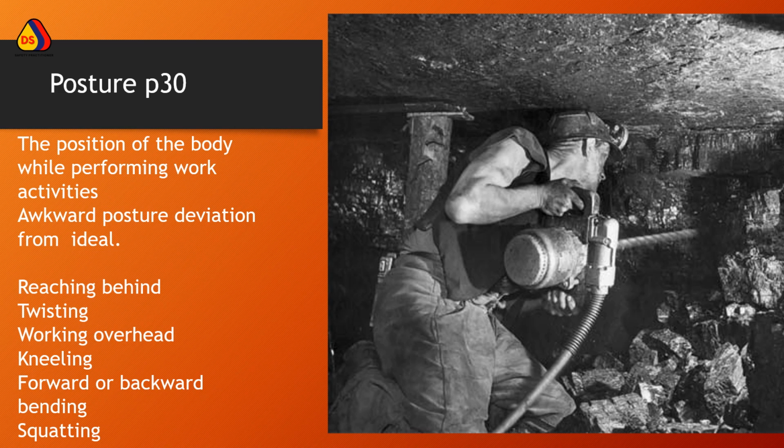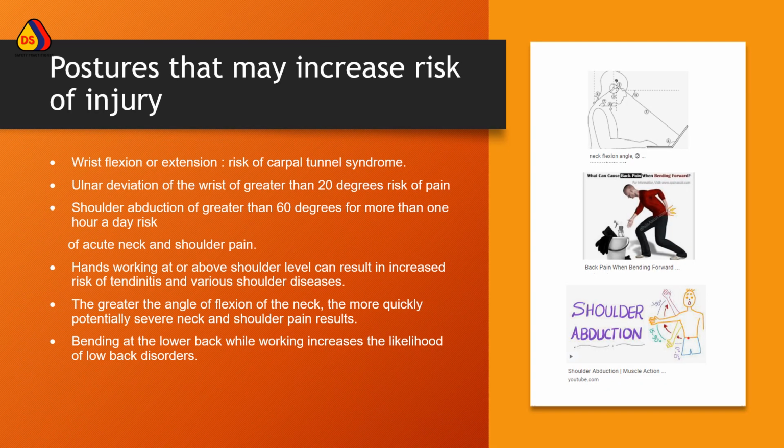overall productivity and well-being. Postures that increase the risk of injury can have significant implications for an individual's musculoskeletal health and overall well-being. Wrist flexion or extension, especially during repetitive tasks, can increase the risk of developing conditions like carpal tunnel syndrome.